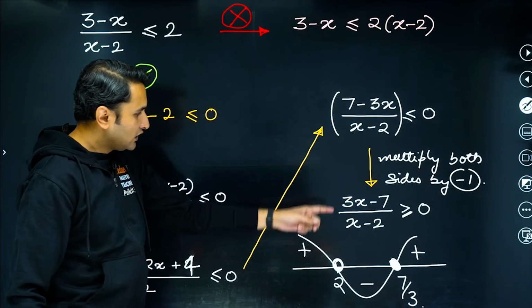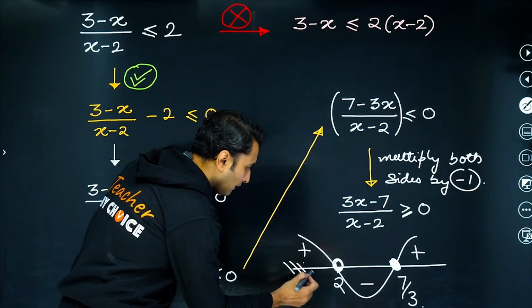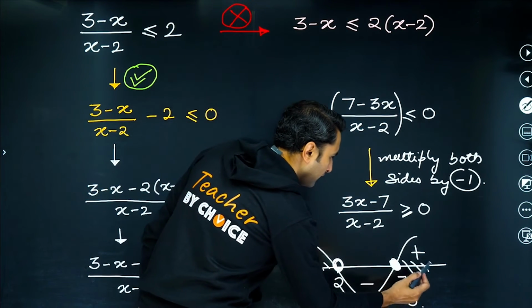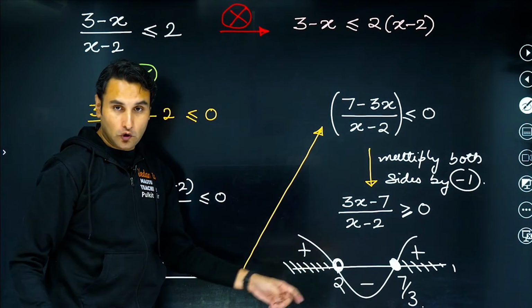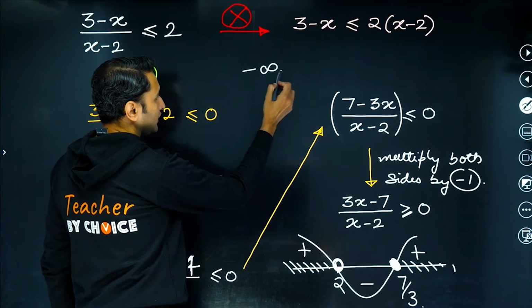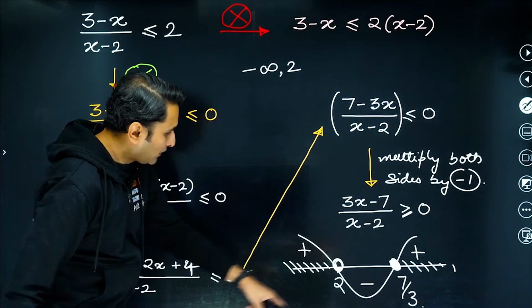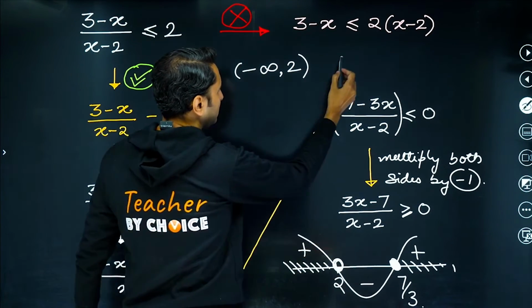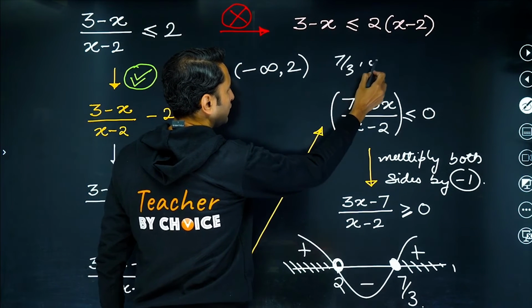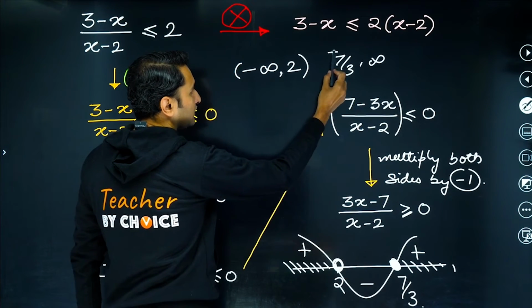So what's your answer for greater than equal to 0? Minus infinity से 2 पे open, then 7 by 3 to infinity, but 7 by 3 closed.